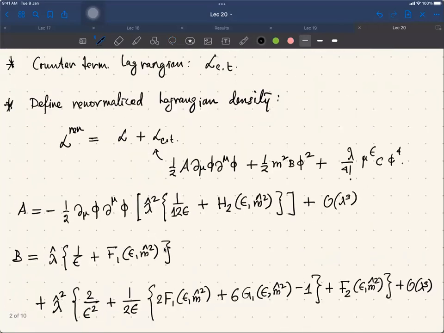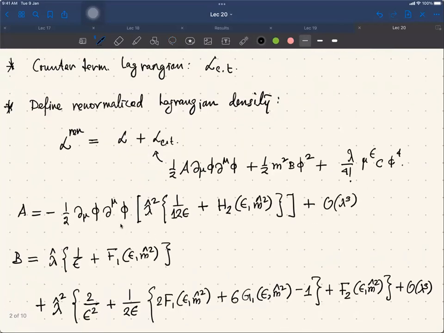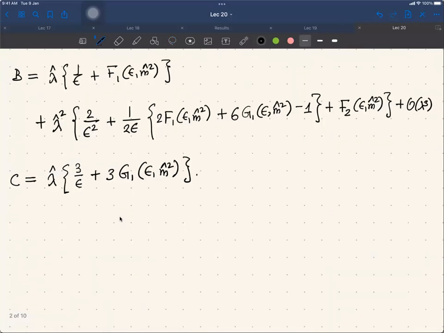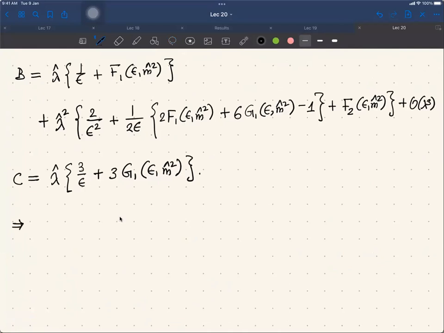Okay, so now what we can do, since the original Lagrangian has the same form as the counterterm Lagrangian, we can write the renormalized Lagrangian in the following form.